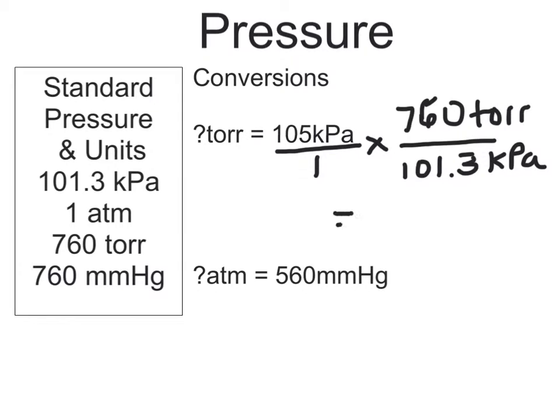To solve my problem, I'm going to take 105 times 760 divided by 101.3, and I get a value of 788 torr. Please take a minute to do the conversion from 560 millimeters of mercury to atmospheres. Make sure you show this problem in your notes that you submit to Mrs. Benke.